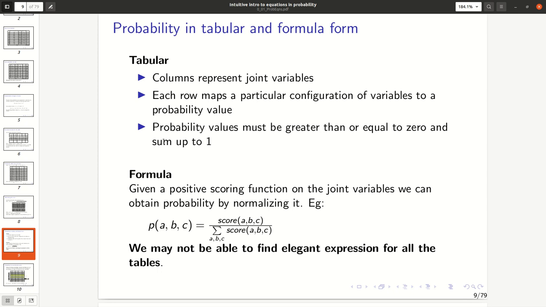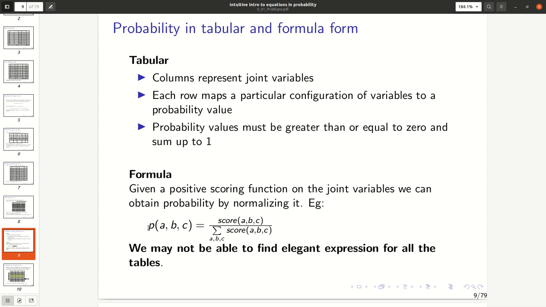A formula represents the whole table through an algebraic expression. Given a positive scoring function, we can sum it up over all the variables and normalize by that sum to obtain the probability expression for a probability distribution, just like we illustrated now.